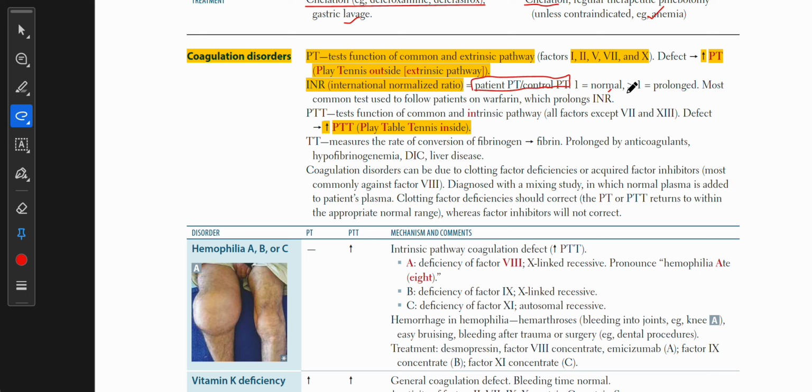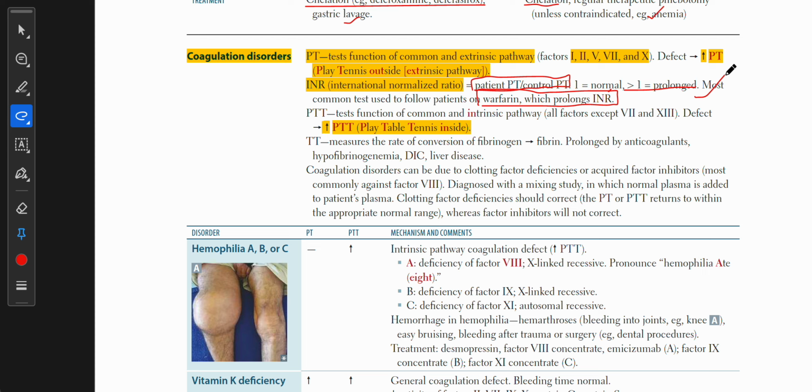But if it is greater than 1, like 1.5 in HELP syndrome, then it is abnormal. It is the most common test used to follow patients on warfarin, which prolongs INR. Warfarin is an anticoagulant, and also heparin, low molecular weight heparin. We have to do PT monitoring or INR monitoring to titrate the dose, right? So basically PT is all about this.